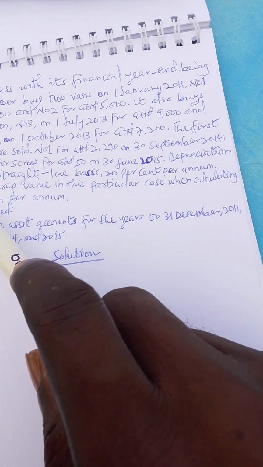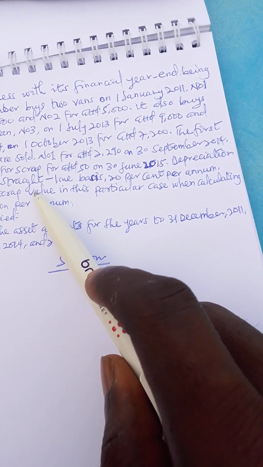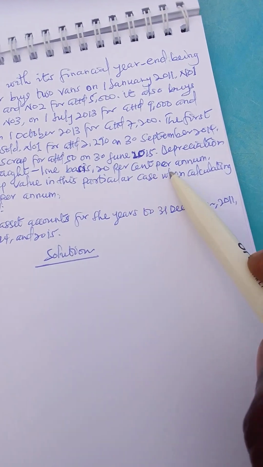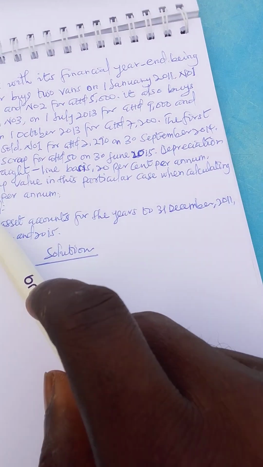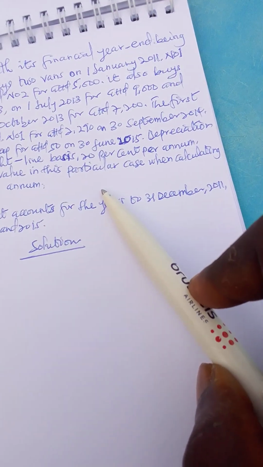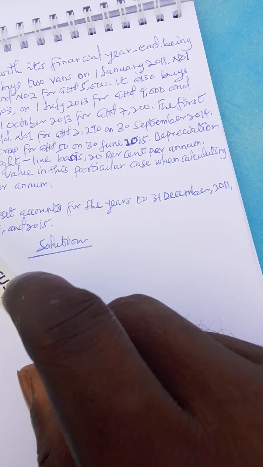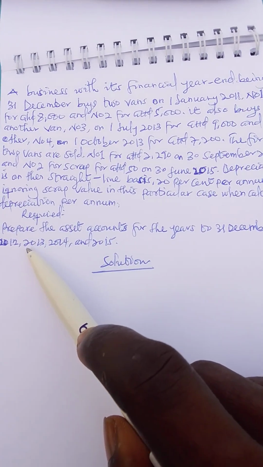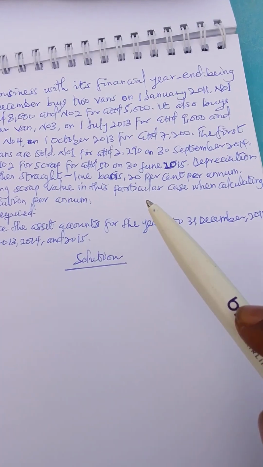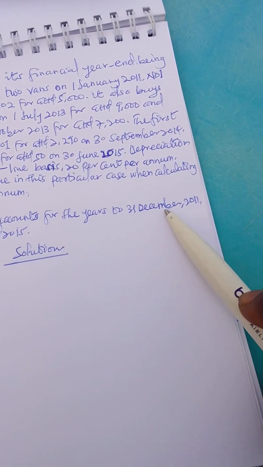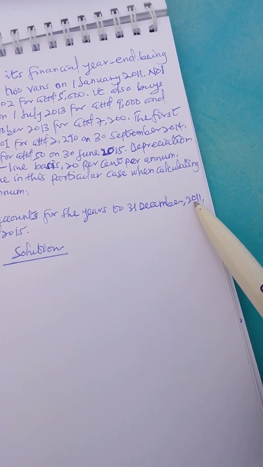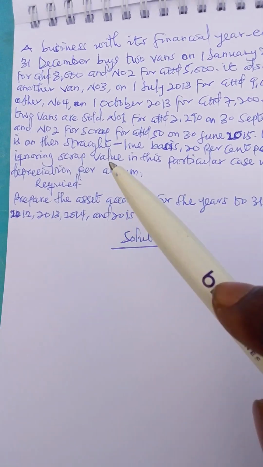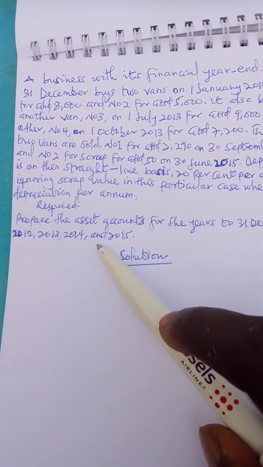Depreciation is on the straight line basis, 20% per annum, ignoring scrap value in this particular case when calculating depreciation per annum. Required, prepare the asset account for the years to 31st December 2011, 2012, 2013, 2014, and 2015.